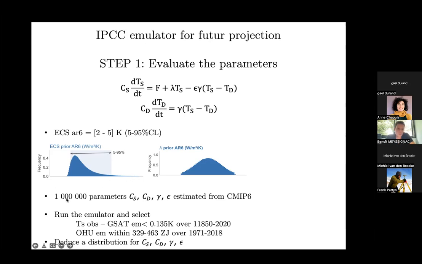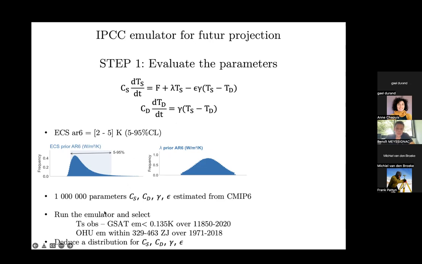Then they use 1 million sets of parameters CS, CD, gamma, and epsilon, which are estimated from climate models. And then they run the emulator a first time, 1 million times, and they check what the surface temperature and the ocean heat uptake are out of these emulators.